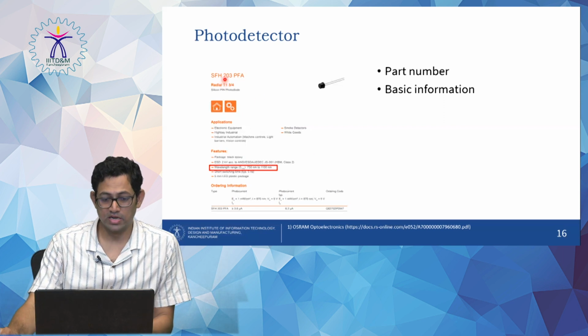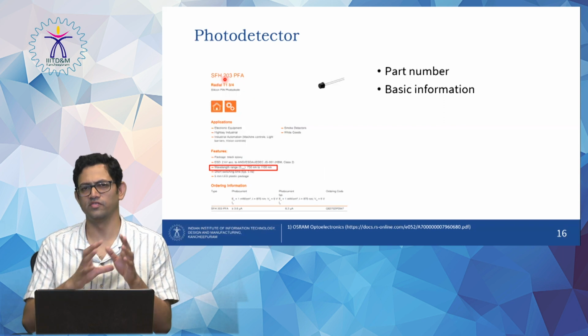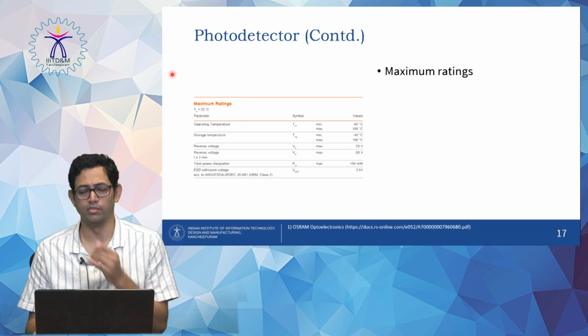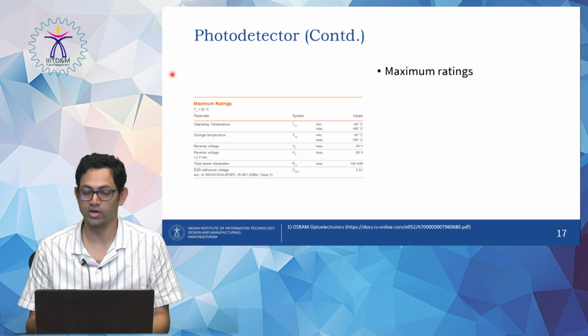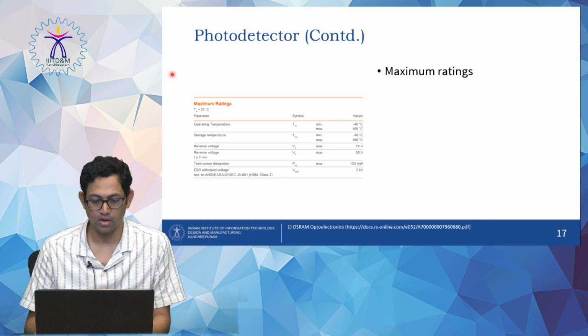It also has its part number, again very important. If you read any papers, it is very important to see if a part number is given, so that you can easily make the bill of materials for the photodetectors, lasers or LEDs.